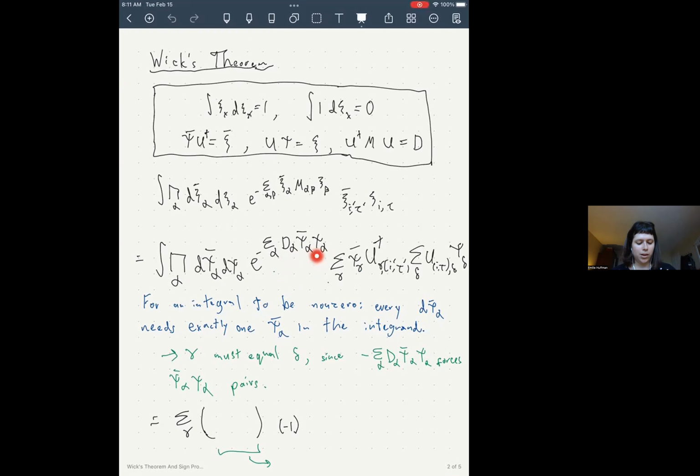So these are all paired up with the same alpha, and they'll each correspond to something over here. And that means that even though gamma and delta could be different, whenever they're different, the integral would actually give us 0 for that term. So gamma and delta are forced to be the same, basically, thanks to this term. So that's why making it diagonal makes it easier.